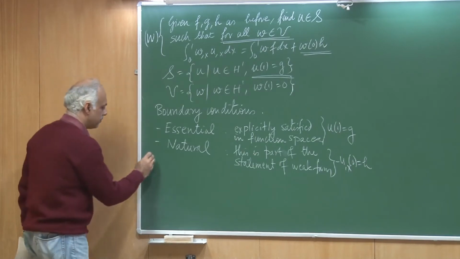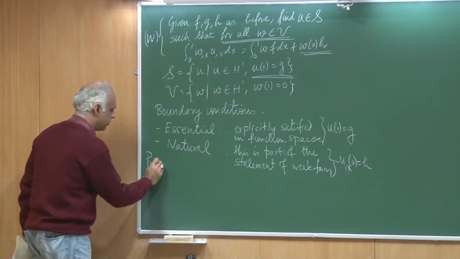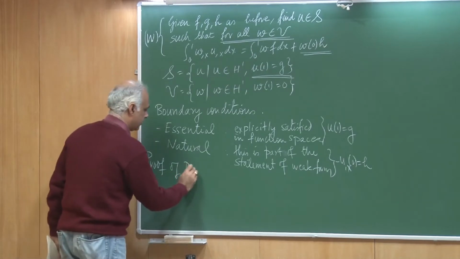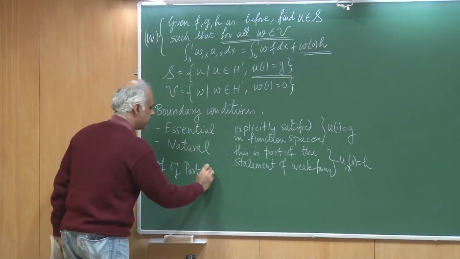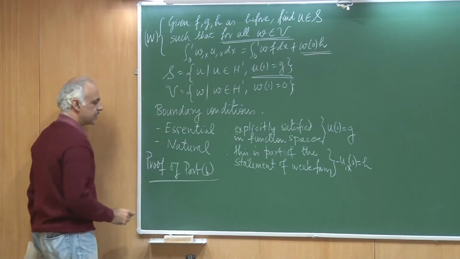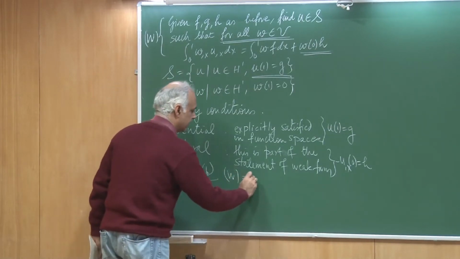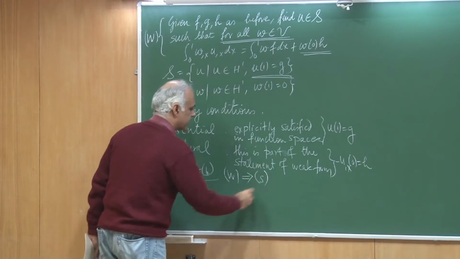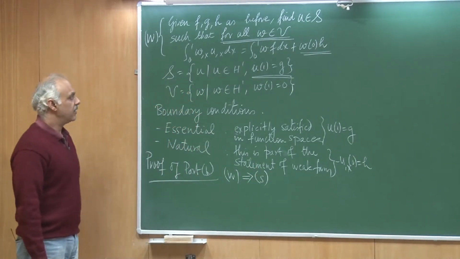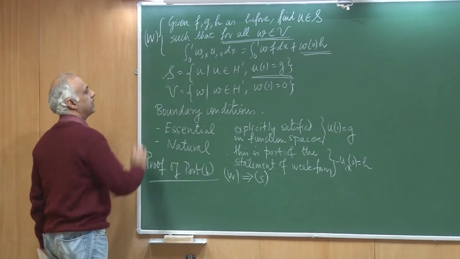So, now the proof of part B of the axiom: that if I satisfy the weak form, then I also should satisfy the strong form. So, I am now going to start with this statement.